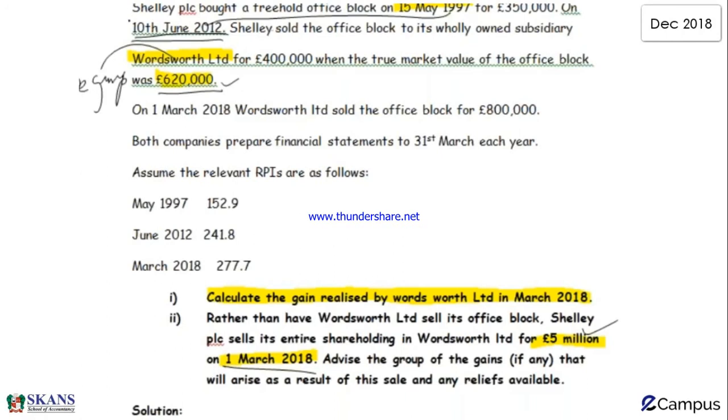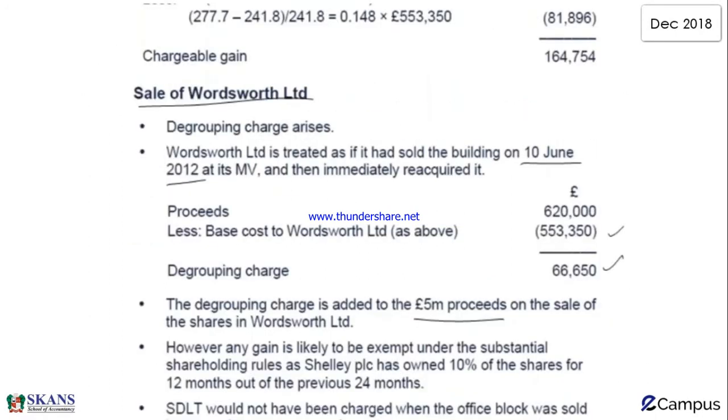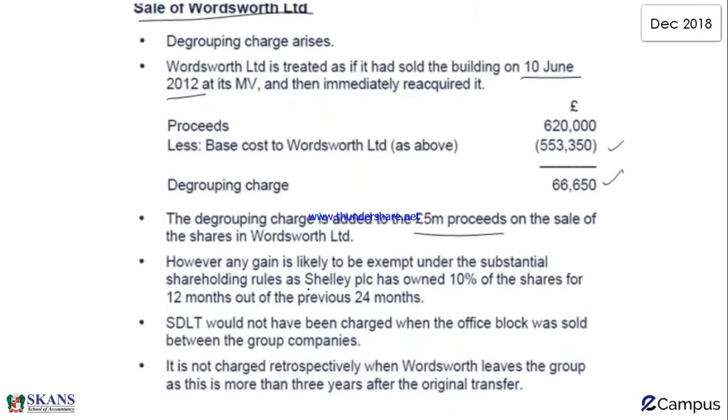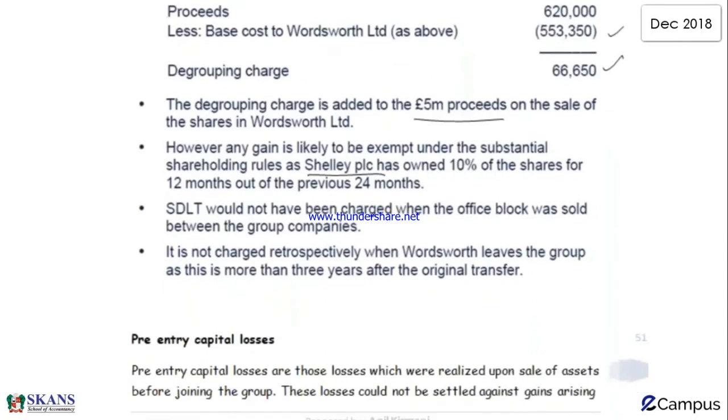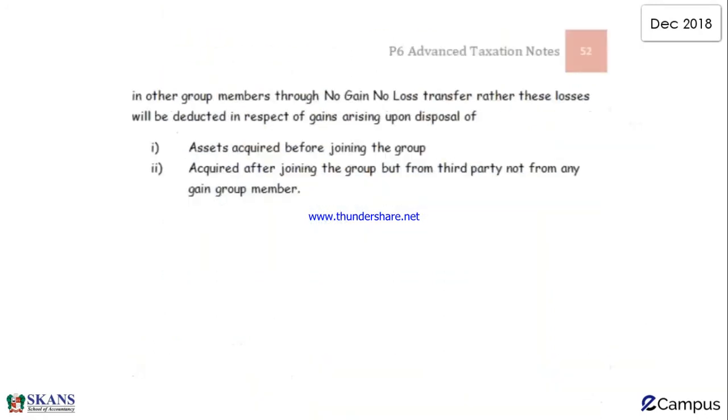Because Chalet PLC owns 100% shareholding of Wordsworth Limited, and owns it for more than 12 months. So effectively, even if the proceeds were increased, it would still not have any impact on Chalet PLC because of the application of the substantial shareholding exemption. So this is the degrouping charge.